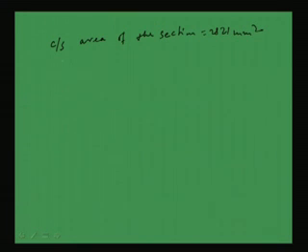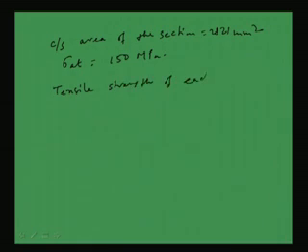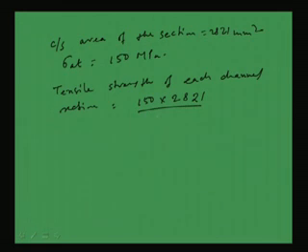Now the sigma AT value, that is the permissible stress in the section given in the problem, is 150 MPa. So we can now calculate the tensile strength of each channel section, which is the permissible stress into the area. The area given in the code is 2821 for this channel, and this is in Newton.